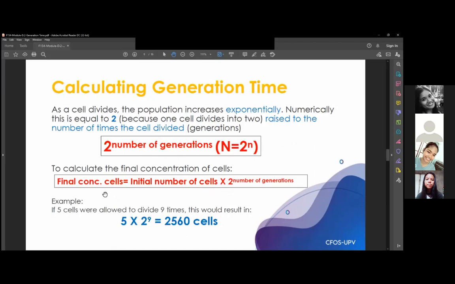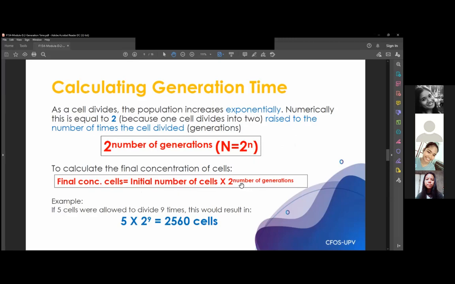Okay? So to calculate for the final concentration of cells, you have this formula. Final concentration equals the initial number of cells times 2, constant natin yung 2, raised to the number of generations.